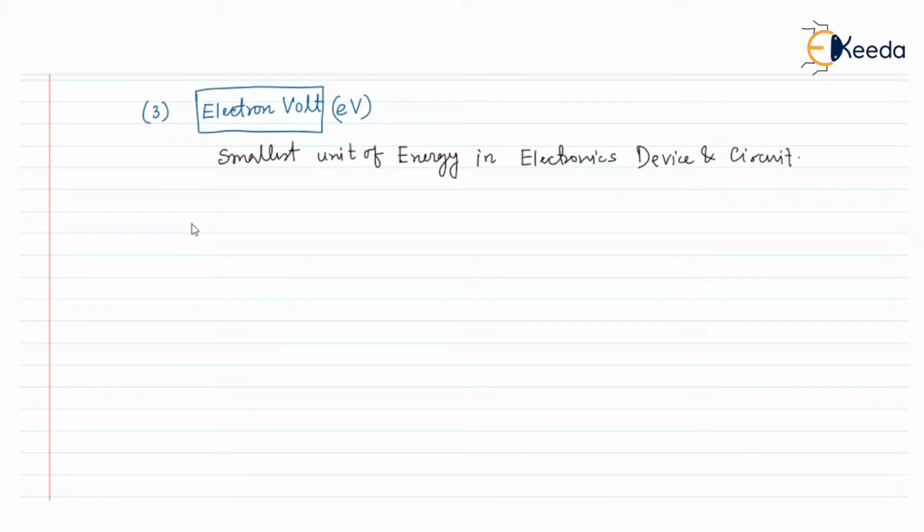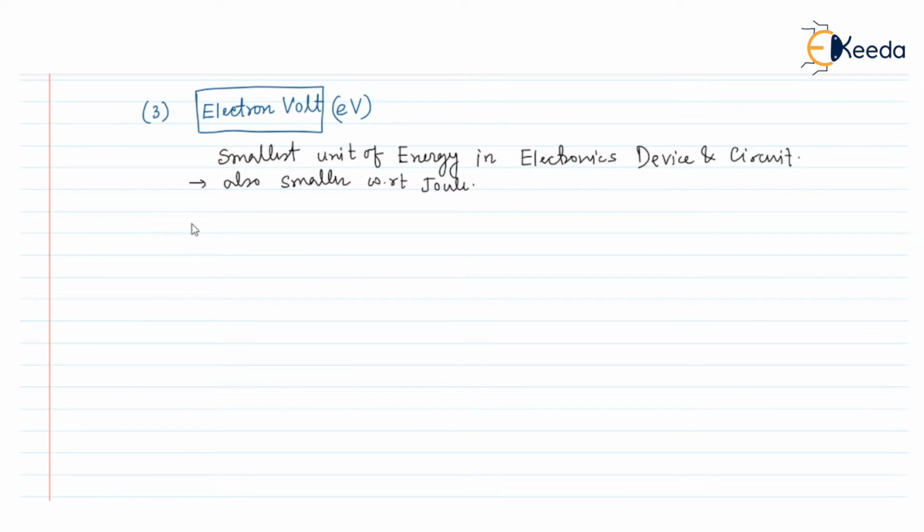That is, electron volt is the smallest unit possible that is used in the electronics device and circuit, and it is also smaller with respect to the joule unit. Now, what will be the definition of the electron volt unit?